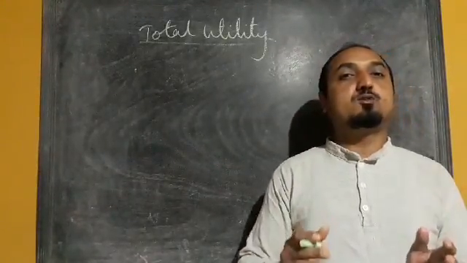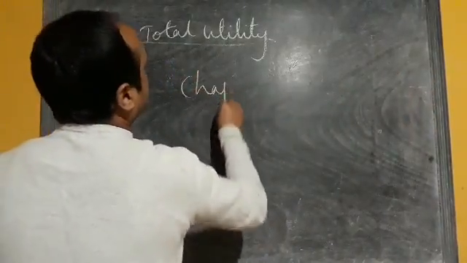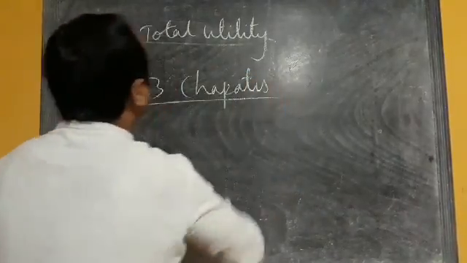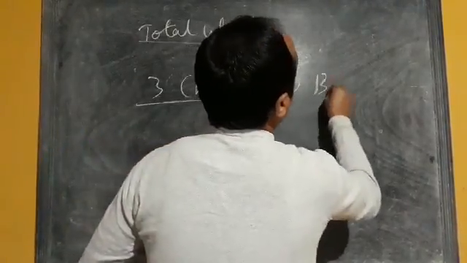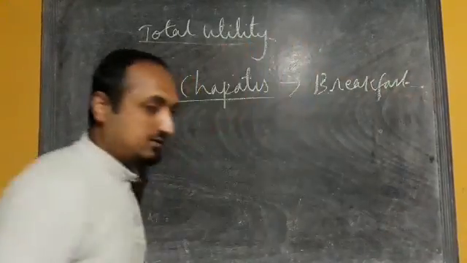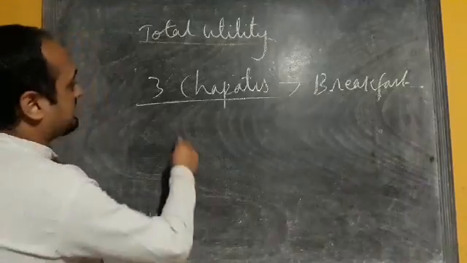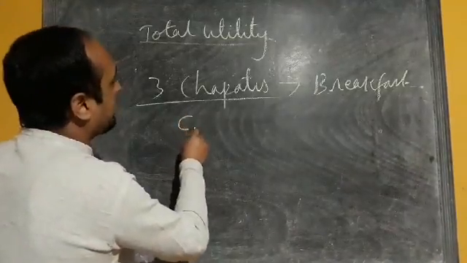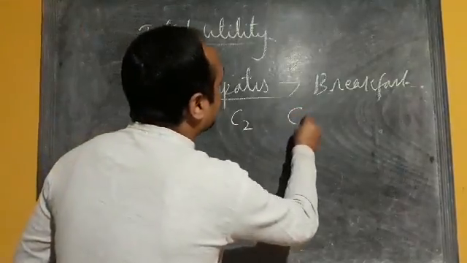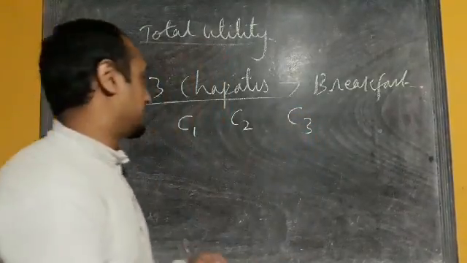Suppose in breakfast you are having three chapatis. Now three chapatis can be written as, suppose C1 first chapati, C2 second chapati, C3 third chapati.